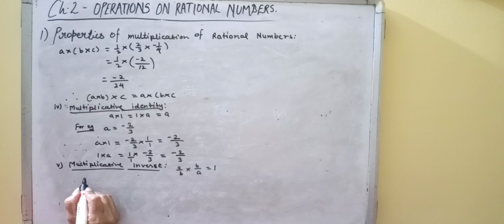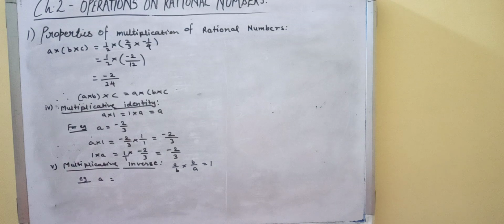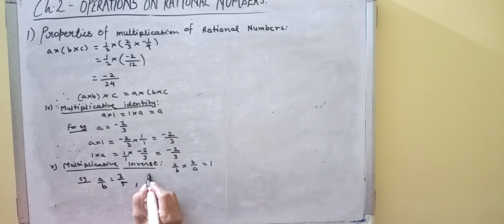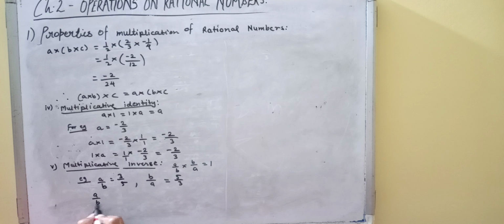Now take an example. If a upon b equals 3 upon 5, then b upon a equals 5 upon 3. Now we solve this, a upon b into b upon a, that is 3 upon 5 into 5 upon 3.